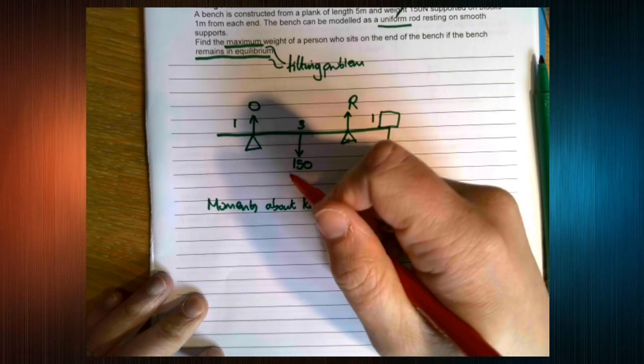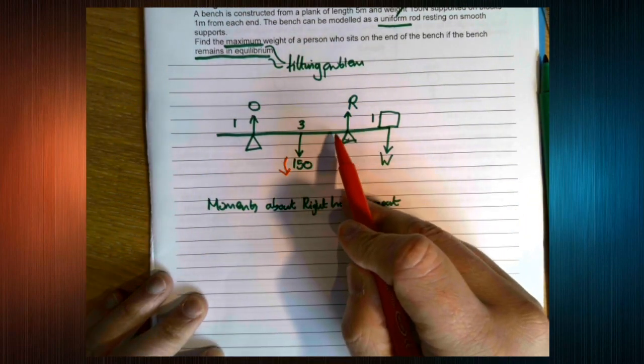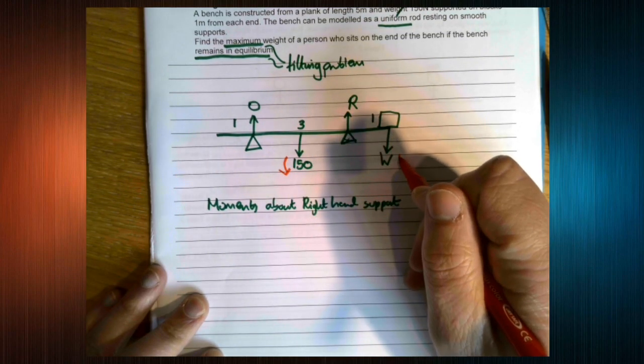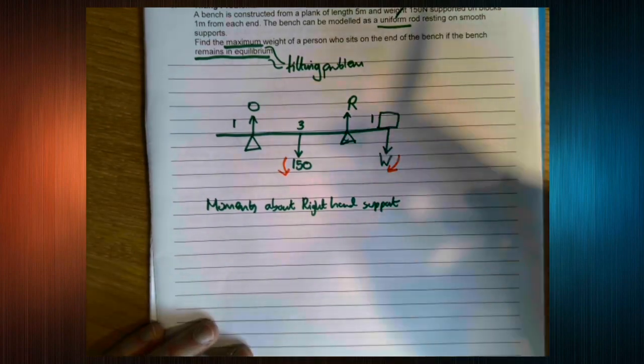Okay, so remember, because we're rotating about this point, this force is going to cause an anti-clockwise moment. This force is going to cause a clockwise moment, but it's in equilibrium.